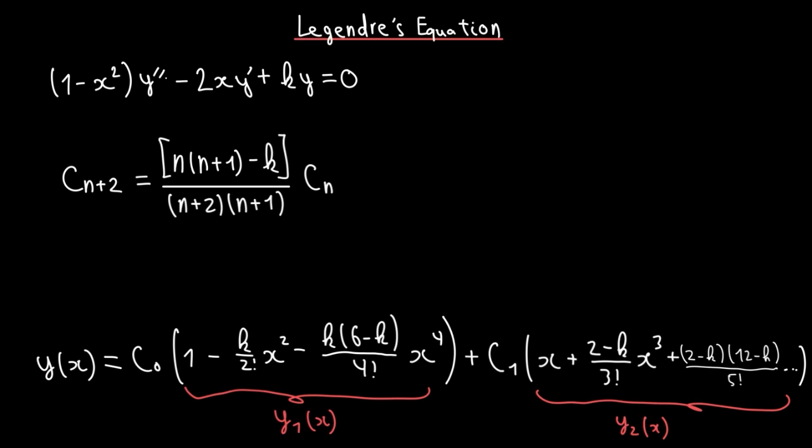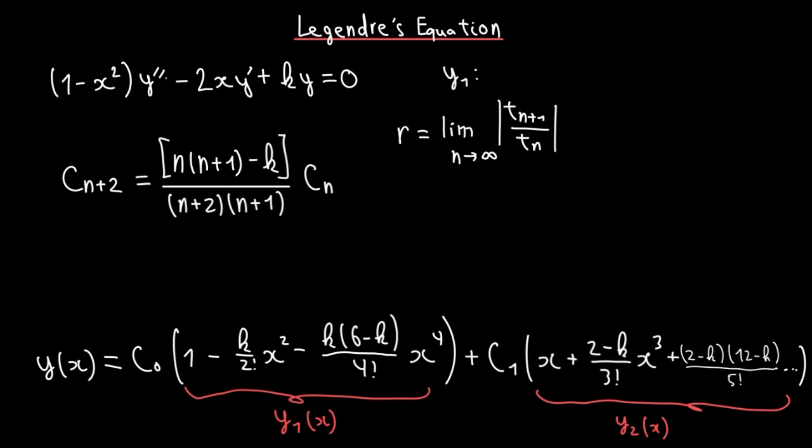In order to do that, we use the ratio test for each of these series. So first we test the convergence of y1. And so we compute the limit of the ratio of the two successive terms. So the limit as n tends towards infinity of t n plus 1 divided by t n, and the absolute value of this ratio.